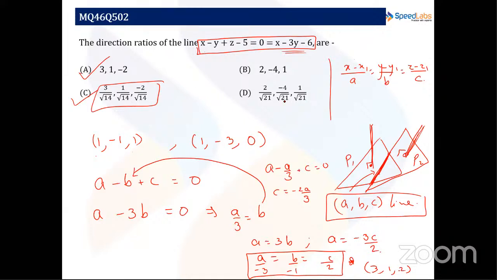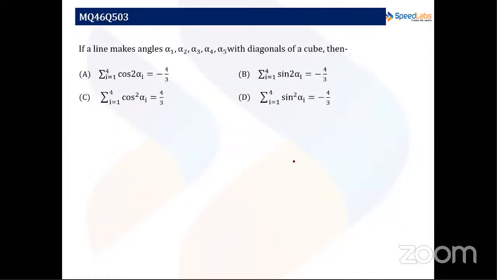Now, let's move to the next question. Our next question is, we are given a line which makes angles alpha 1, alpha 2, alpha 3, alpha 4 with the diagonals of the cube.